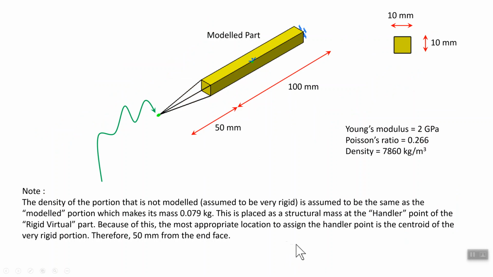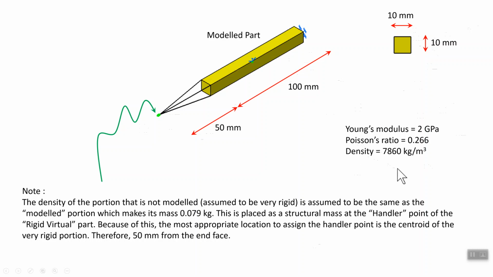Let me give you some dimensions here. I'm going to do this for you on CATIA in just a few minutes, but I'll show you the dimensions here. The length of the piece that we model is 100 millimeter. The handler point is located at 150 millimeter from the clamp, or 50 millimeter from here. The cross section is 10 millimeter by 10 millimeter. Here is some data that's given to you. These are more or less properties of steel.